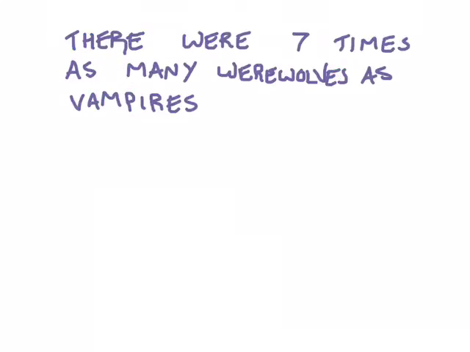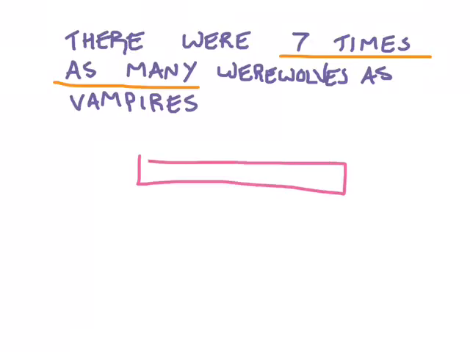Here's one more example. There were 7 times as many werewolves as vampires. Again, I'm going to think about that keyword relationship, and I think the idea that there's 7 times as many is an important thing. As I read that, there were 7 times as many werewolves as vampires. My interpretation is that there's a greater number of werewolves.